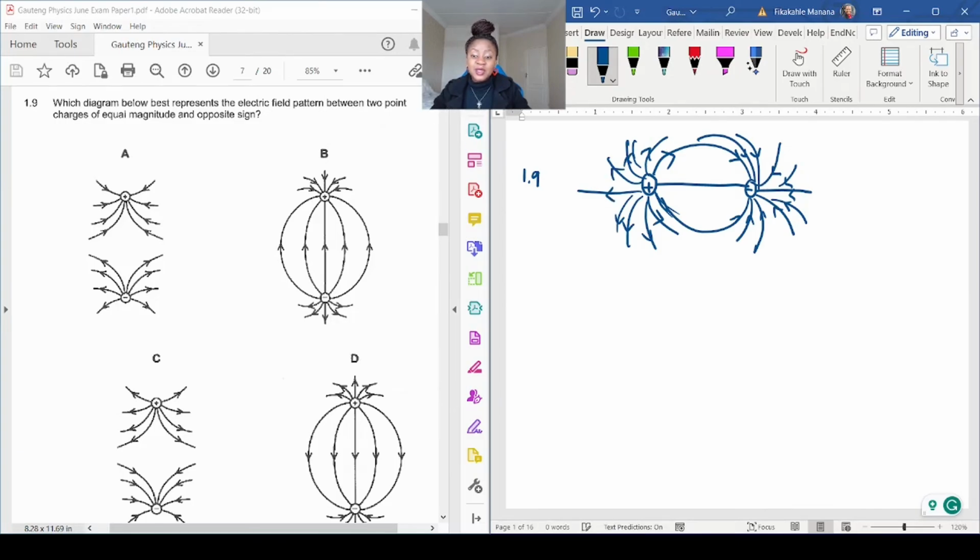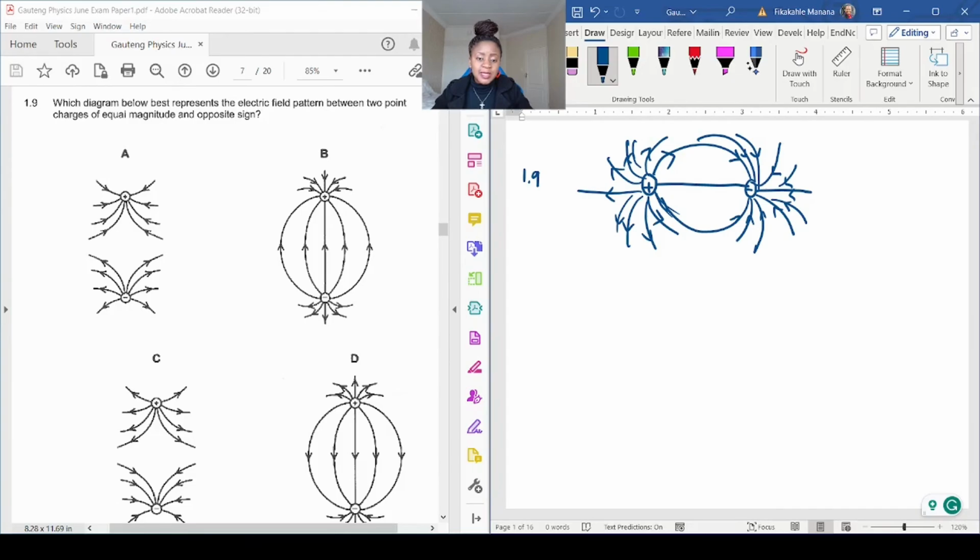Okay, and so where do we see that pattern? So A and C, no. A and C is not cutting it because that's where it plots the shape of those that have equal sign and not opposite sign. But B and D, we can definitely look at.